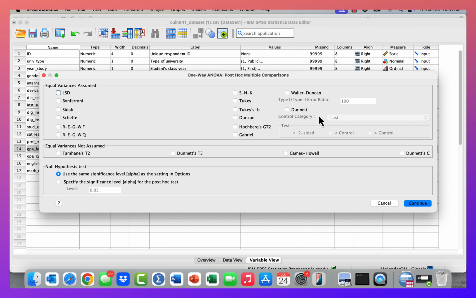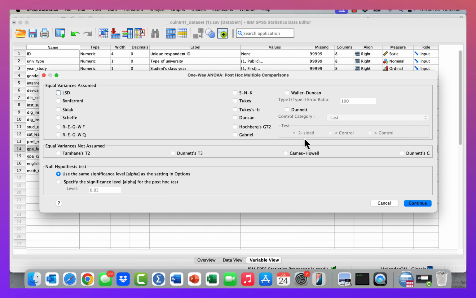So if we get a significant result here, that by itself won't tell us if the difference is between first-year students and fourth-year students, or between second-year students and fourth-year students, etc. So we need to ask for a post hoc multiple comparison. I'm not going to go into all of the details behind all of these post hoc comparisons because that's outside our scope.